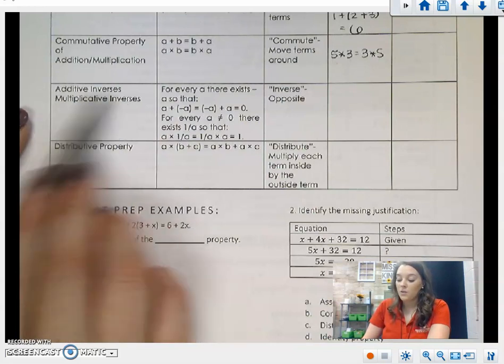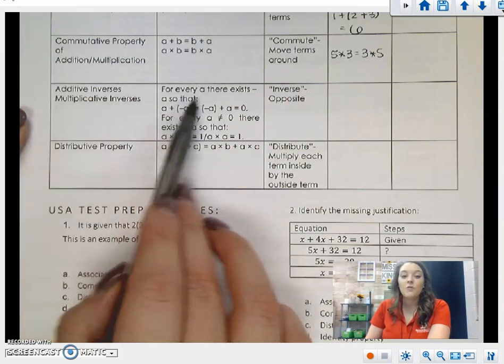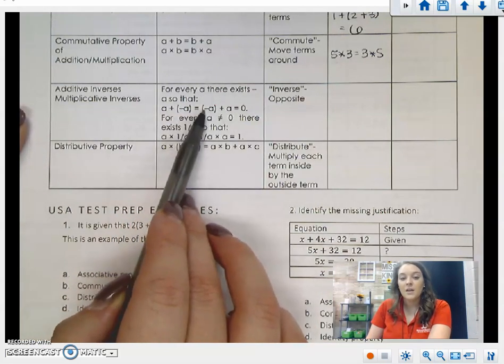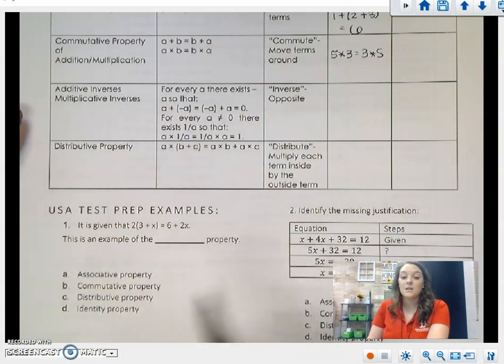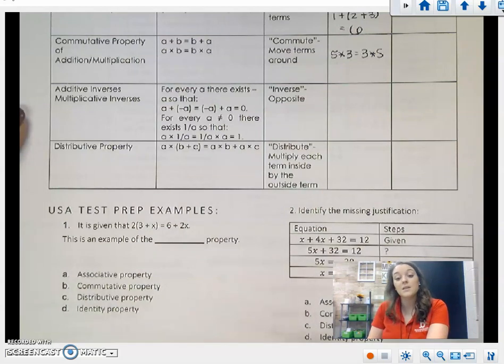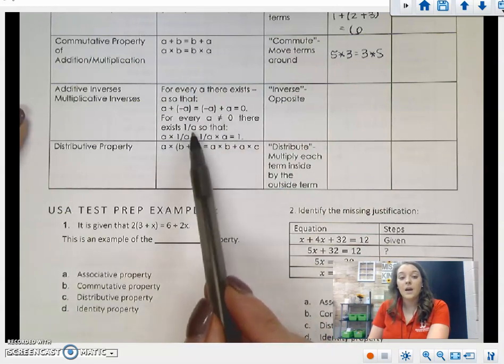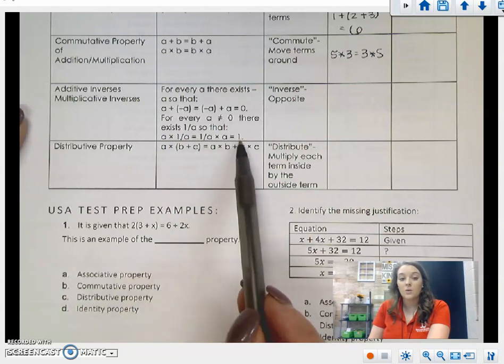Additive inverses and multiplicative inverses. So for every A, there exists a negative A, so that A plus negative A equals negative A plus A, which is 0. So what that means is if you have a positive number and a negative number of the same absolute value, it is always going to add to 0, and then for every A, there is a 1 over A that equals 1.